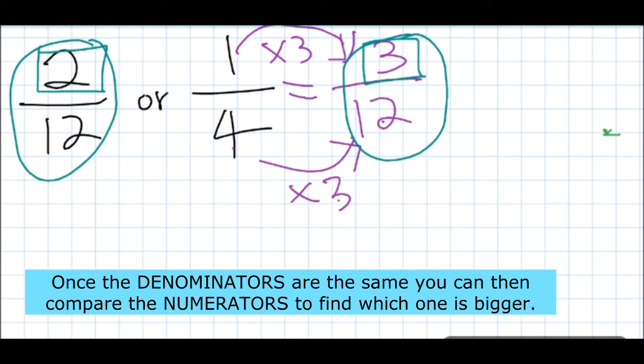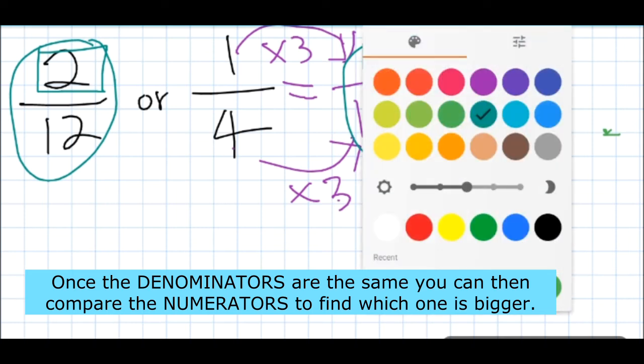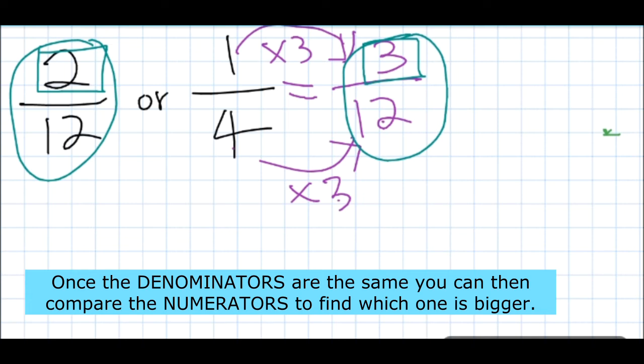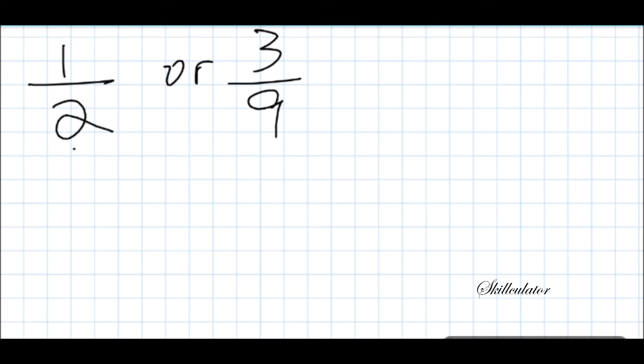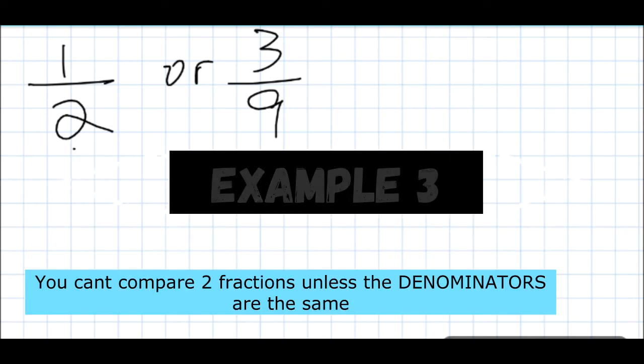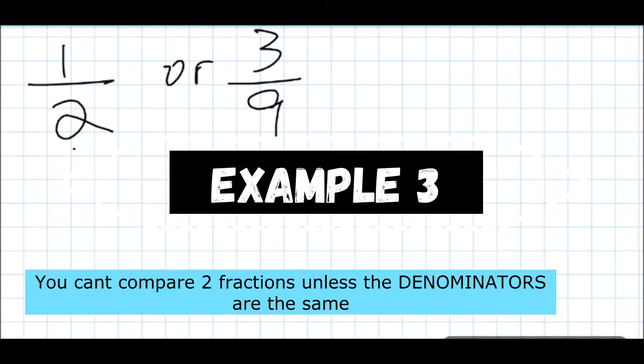So obviously the 3 is bigger, and 2 over 12 is smaller than 1 over 4 or 3 over 12, because 1 over 4 is the same as 3 over 12. It's an equivalent fraction, same value. That you convert both of them to same denominator by multiplying by the denominator on the other fraction.